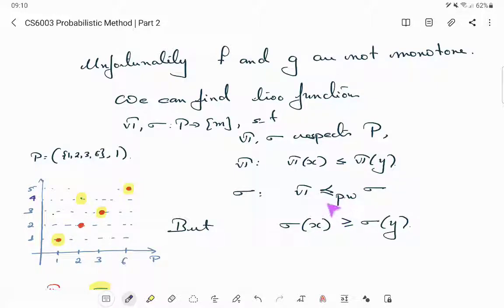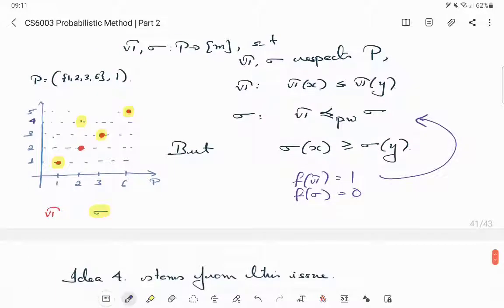Even though pi precedes sigma, the sigma value is outside the set. This actually means f of pi is equal to 1, but f of sigma is equal to 0, and because of this, f is not an increasing function.